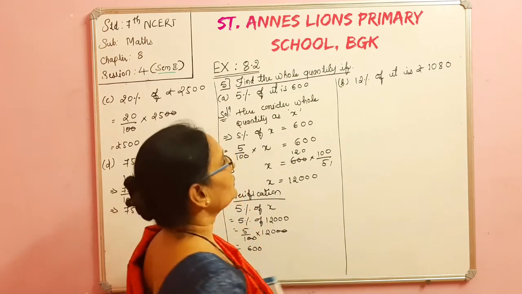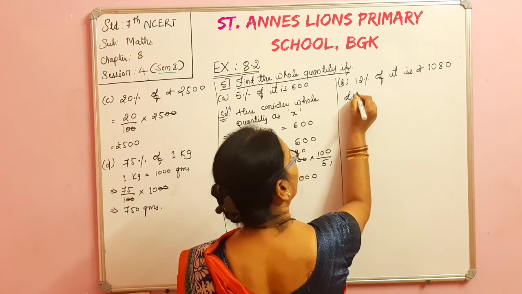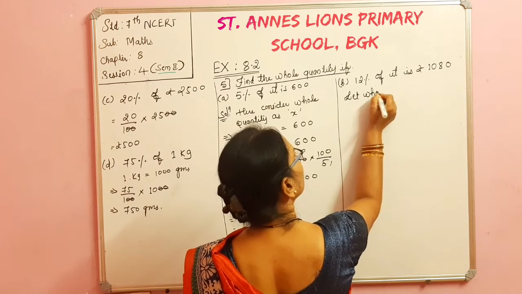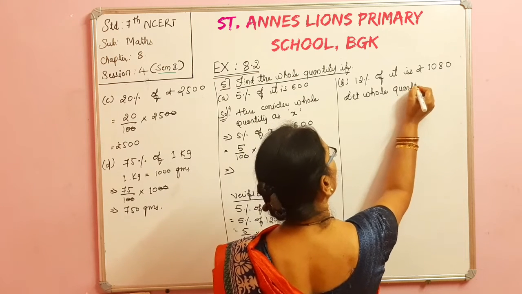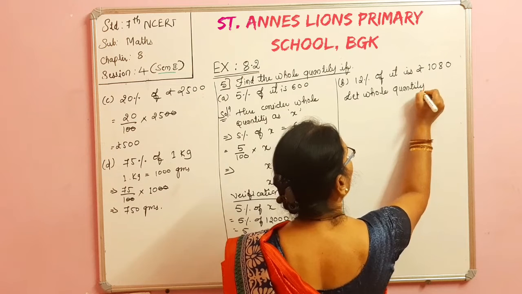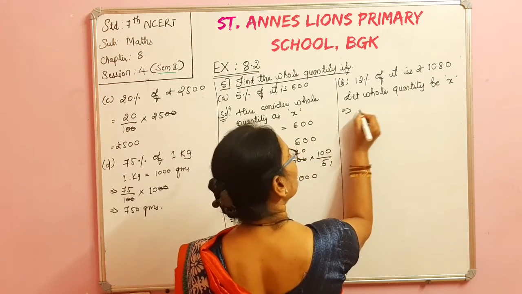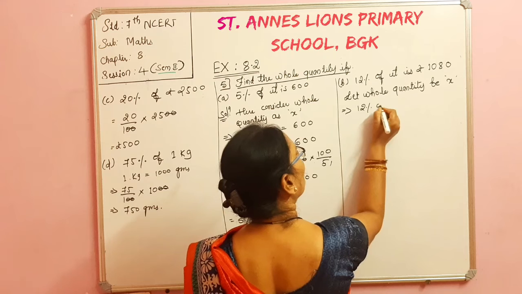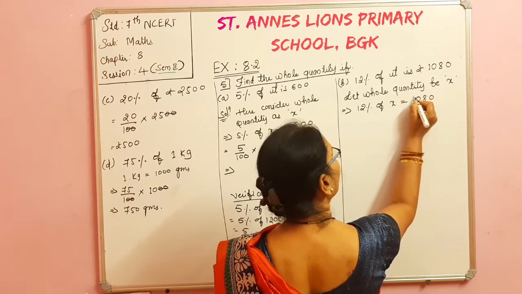Okay. Now it's the same way. Let the whole quantity be x. Anything, you can write either like this or like this. Whole quantity be x. This implies that 12% of x is equal to 1080.